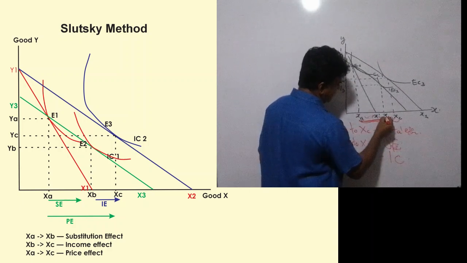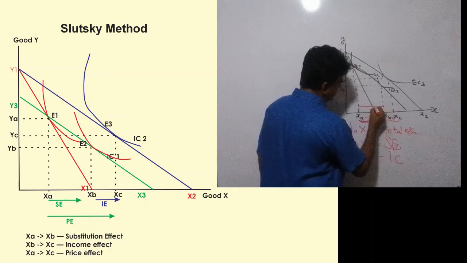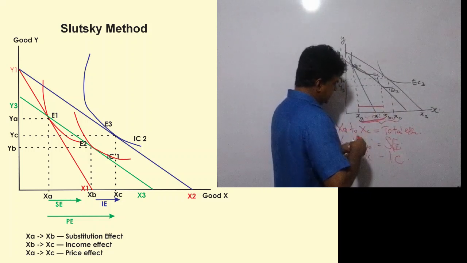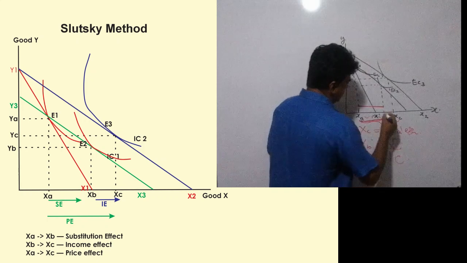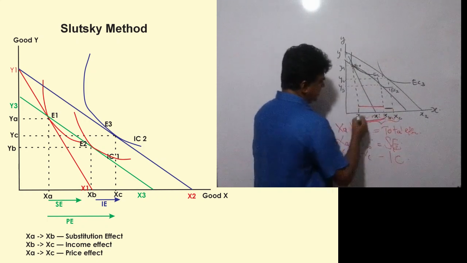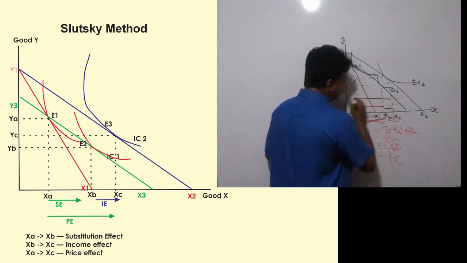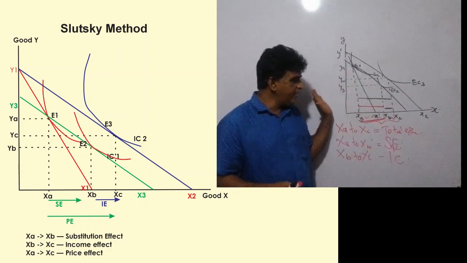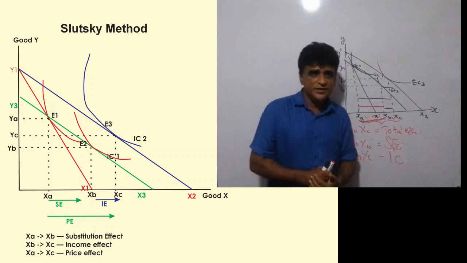This is the substitution effect, that means this portion. And this portion is the income effect. This portion is the total effect. This is the way Slutsky explains the situation.